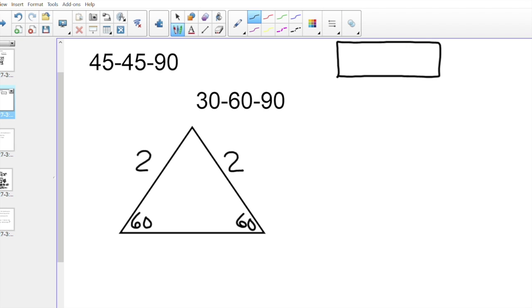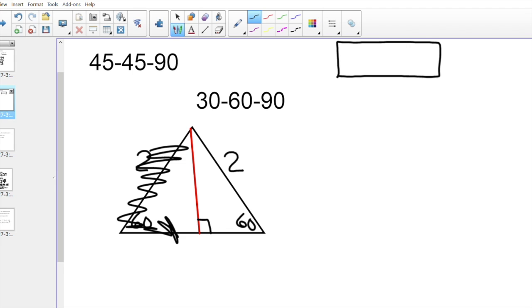But what we're going to do again is what we did a while ago: we're going to draw the altitude. Now the altitude will form a right angle. That makes two right triangles, so we isolate and just have our one right triangle.